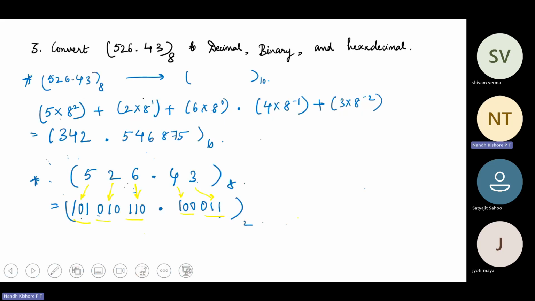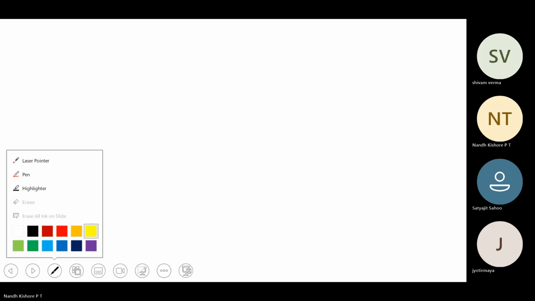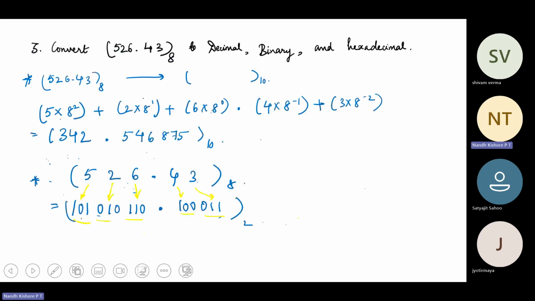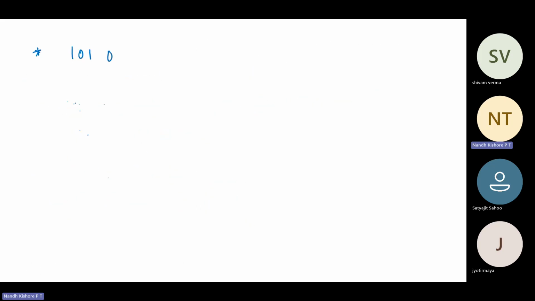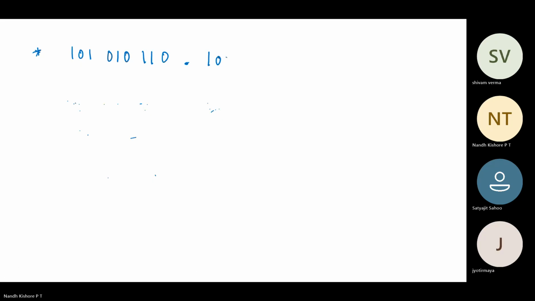That is 101, 010, 110 . 100 011. So this is in binary.